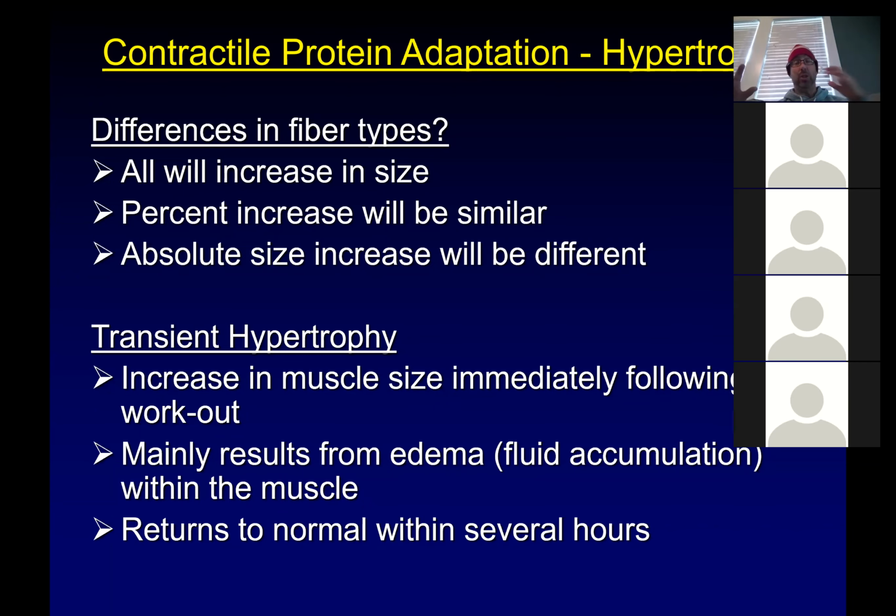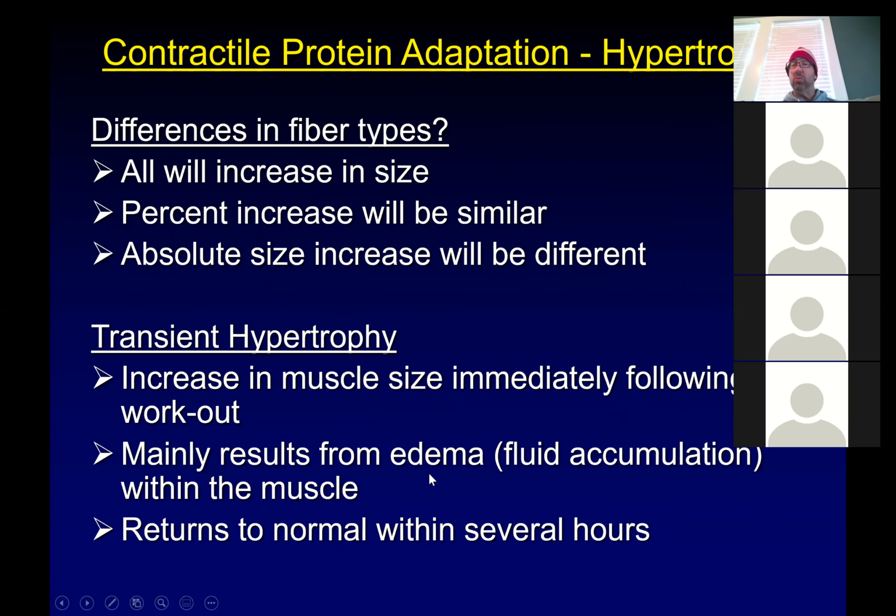And magically, right after I've finished doing that, it feels like and it will look like my bicep has gotten bigger or my deltoids have gotten bigger, or I did a bunch of crunches and now it looks like my abdominal muscles are bigger or more pronounced. Okay. This is the idea of transient hypertrophy.